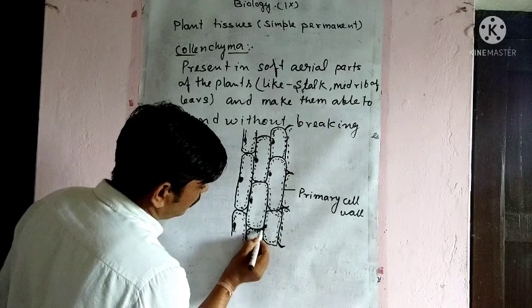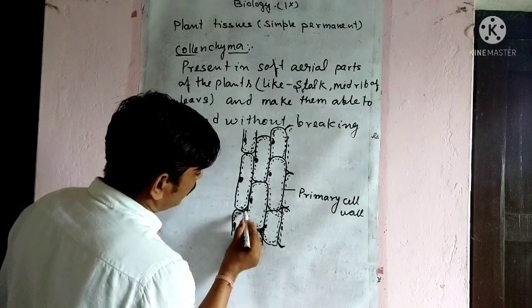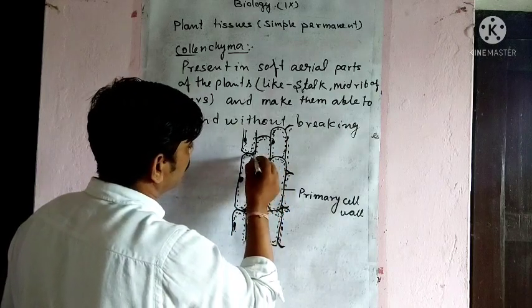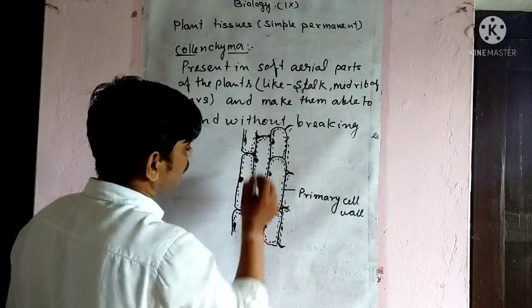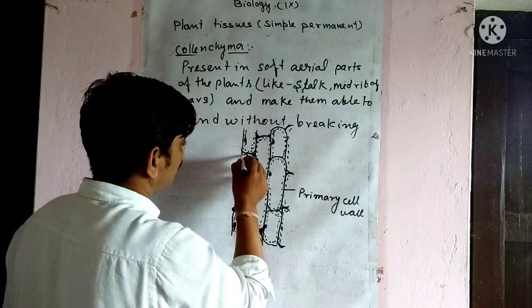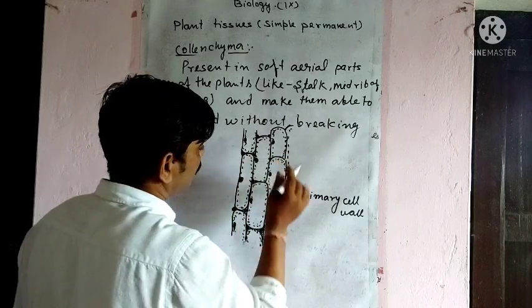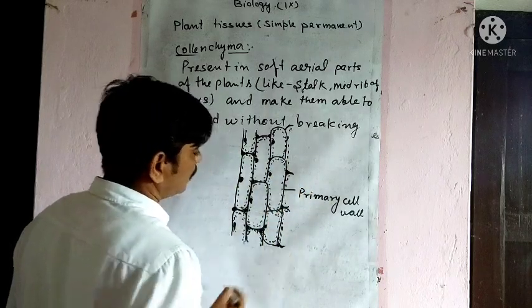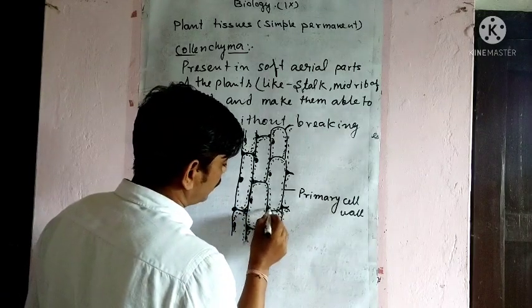This corner is thickened by pectic materials, where a number of cells join together. Here, these corners have the thickening.